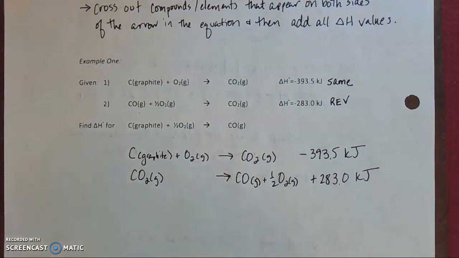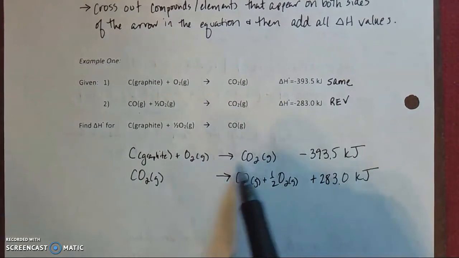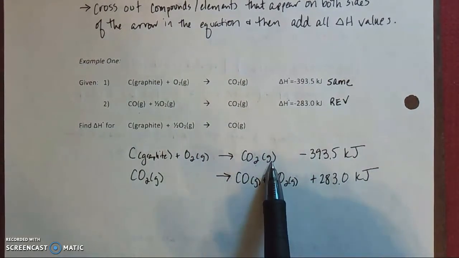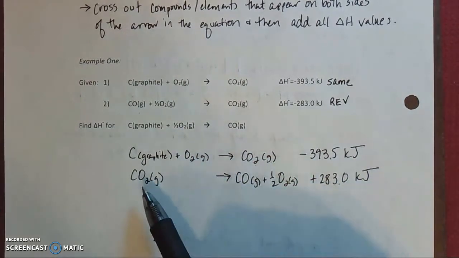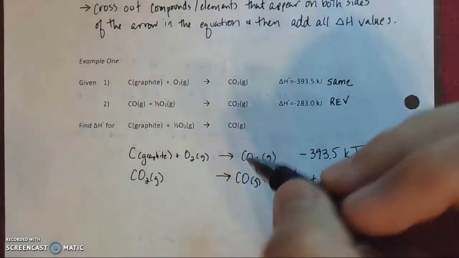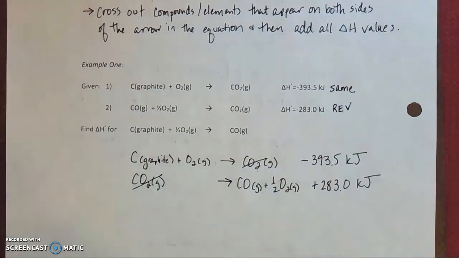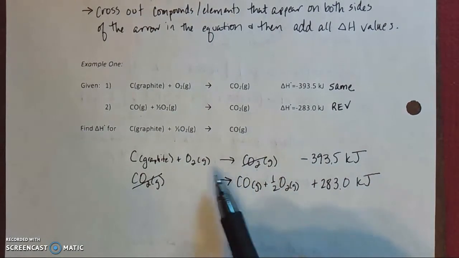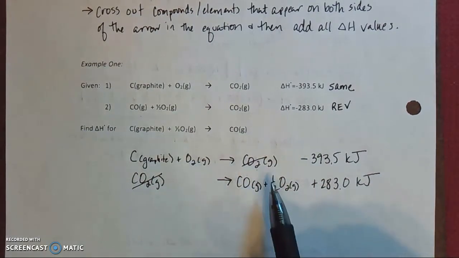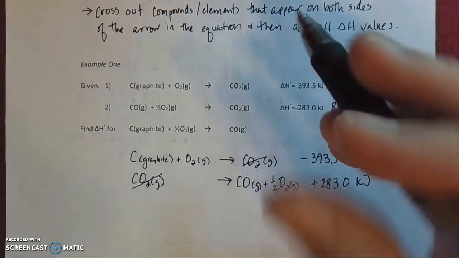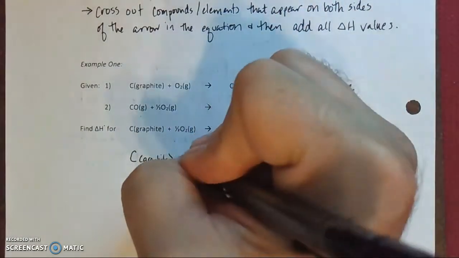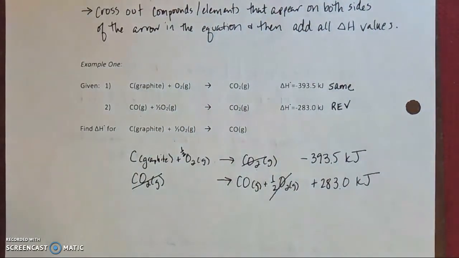So now I can check to see what crosses out. Well, carbon dioxide gas is on opposite sides, so these two cross out. And if I look, I have one oxygen here and 1/2 of an oxygen here. So this one fully crosses out and leaves me with 1/2 oxygen up here.